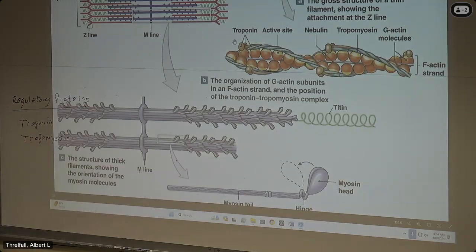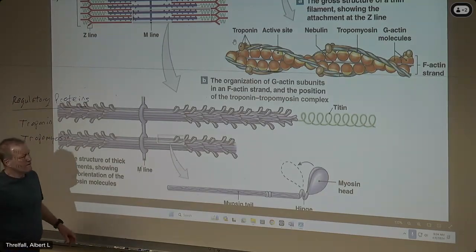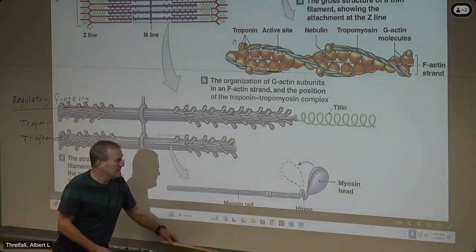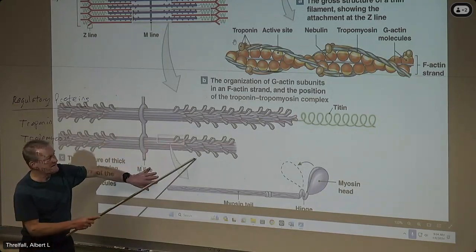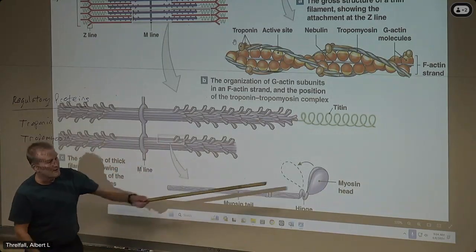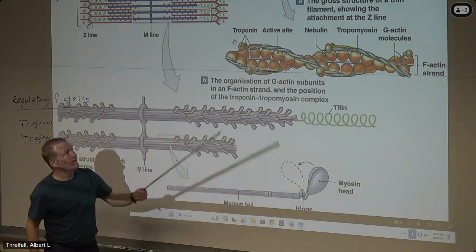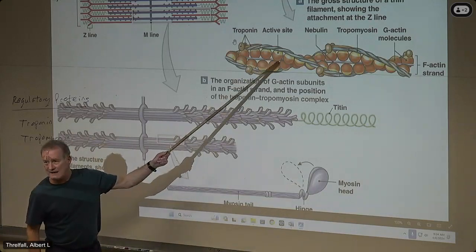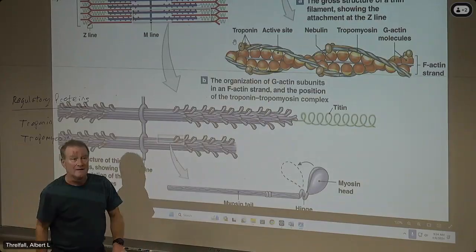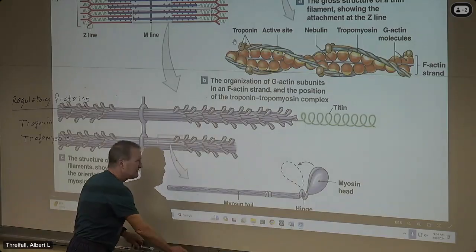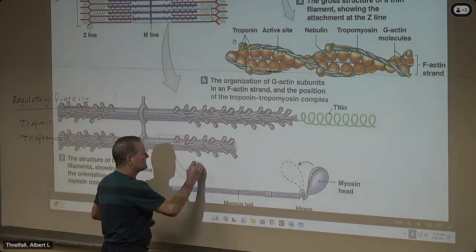Recapping a little bit of this. The myosin myofilaments contain these heads blown up here. They bind the binding site on actin. They swivel. The binding is called a cross bridge.